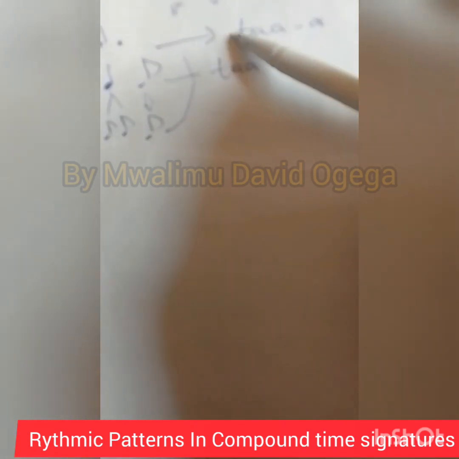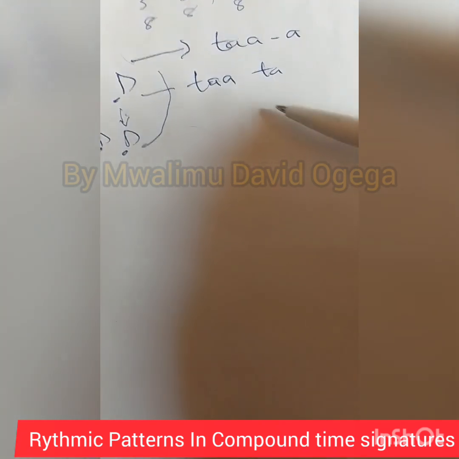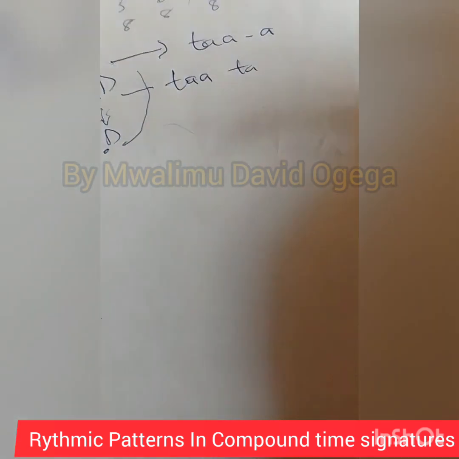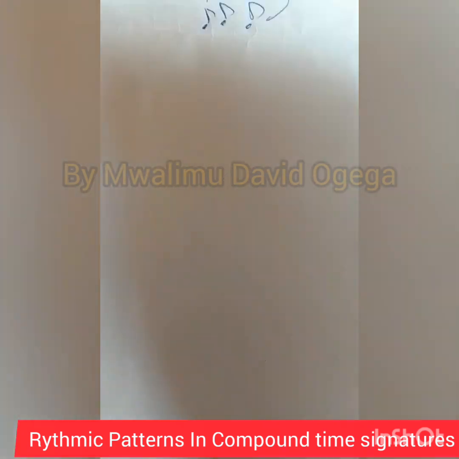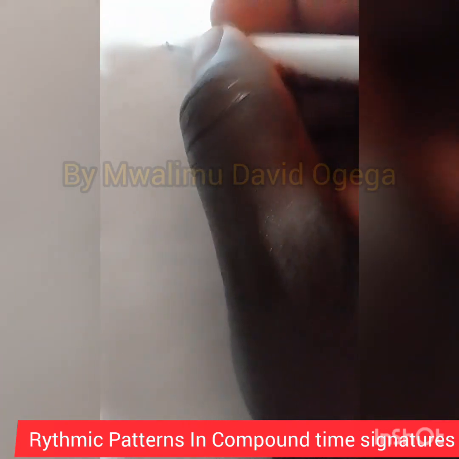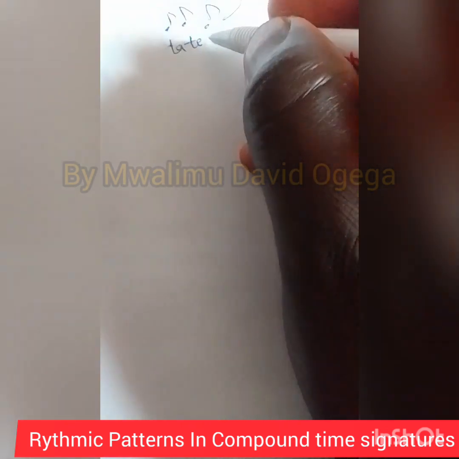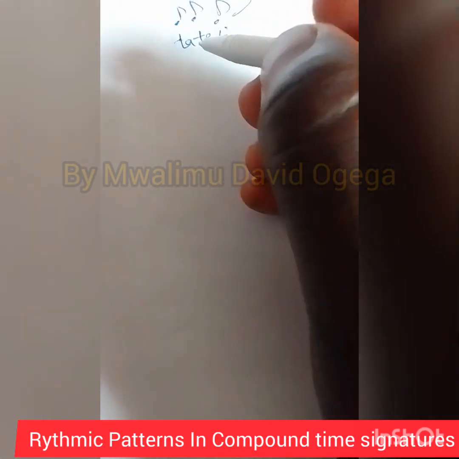The first one we clapped only ta ta ta, but this one you clap ta ta ta ta ta ta. Yes, when it comes here, we have three quavers. The first one takes ta, the next ti, and the last ti. We don't say ta ti ta, ta ti ta. We say ta ti ti, ta ti ti, ta ti ti.